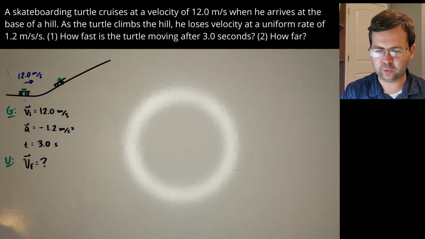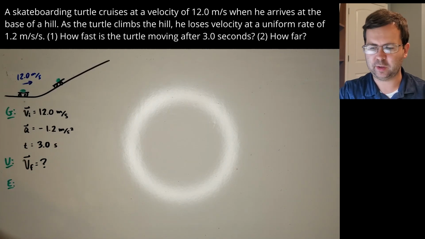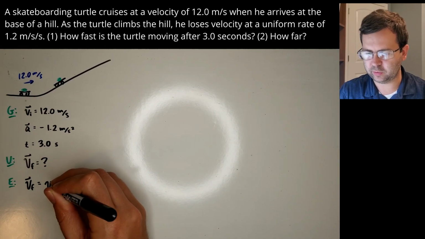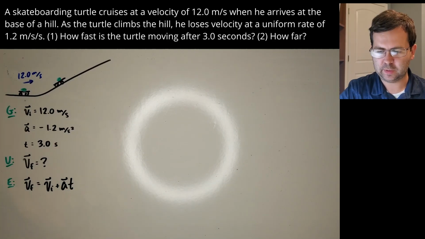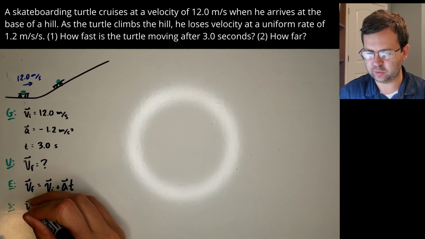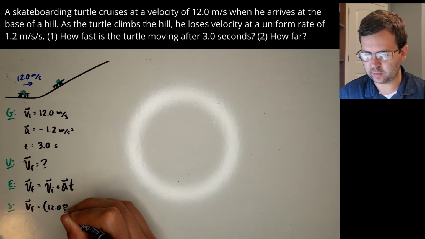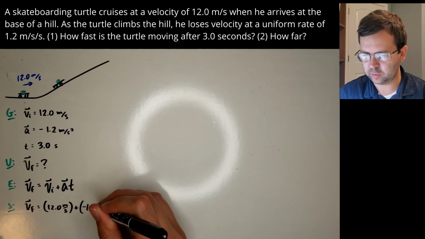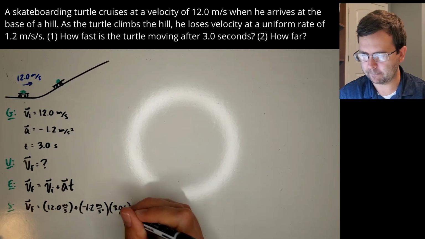That's the way you think through this part of the process. You pick an equation that pieces everything together for you. So the final velocity of the turtle is the initial velocity plus the acceleration times the time. Now we're ready to substitute our known quantities into this equation. The initial speed was 12.0 meters per second plus negative 1.2 meters per second squared times 3 seconds.